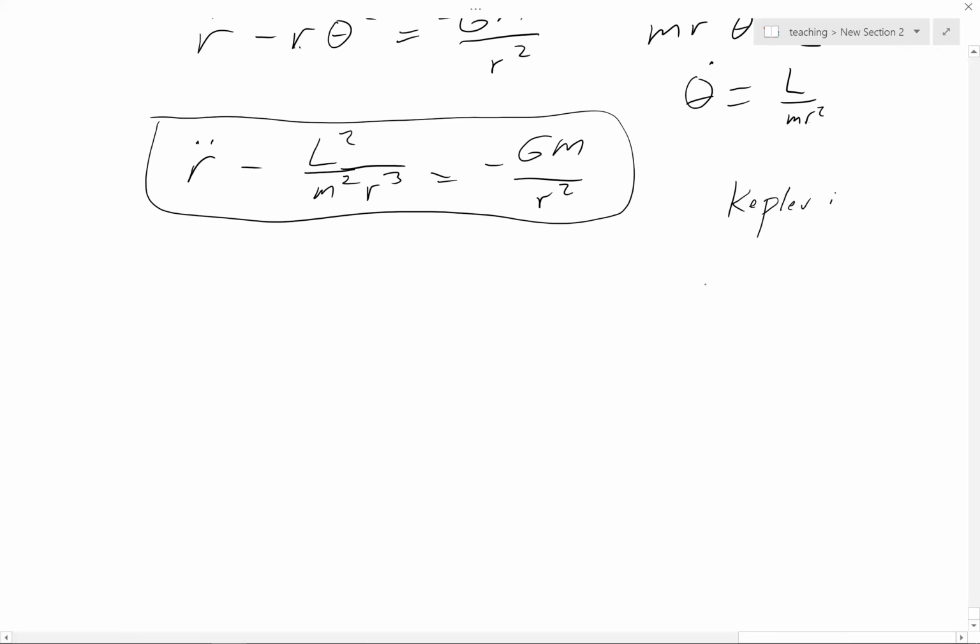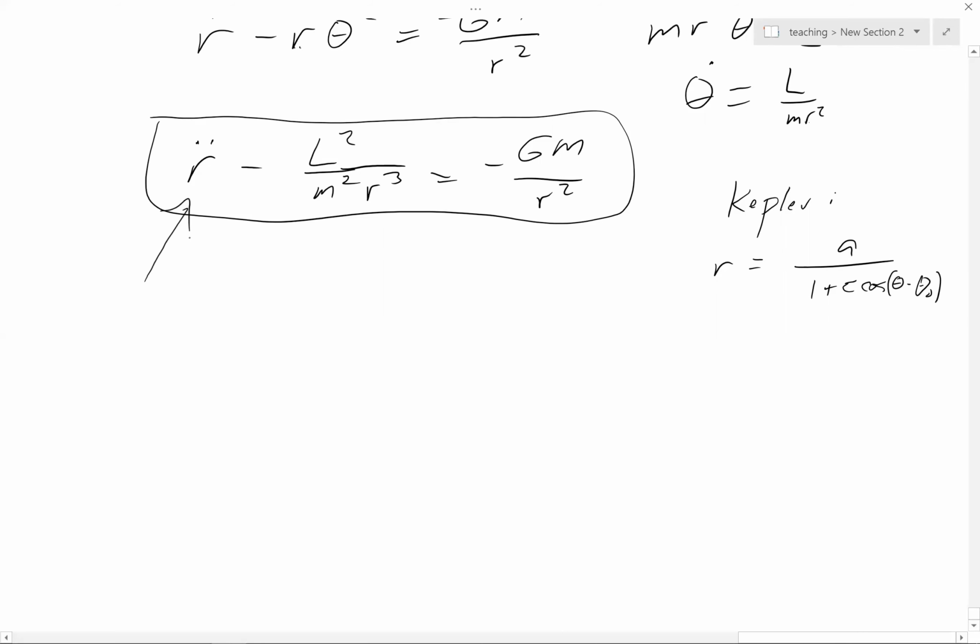It should be an ellipse, which in polar coordinates looks like a over 1 plus epsilon cosine of theta minus theta 0, or whatever. Right? So if we know that's where we're headed, that kind of suggests for us to do two things.